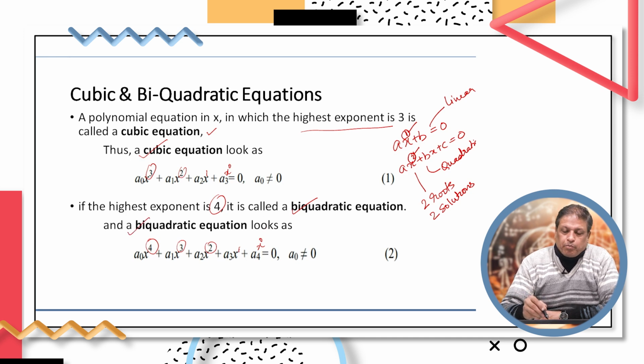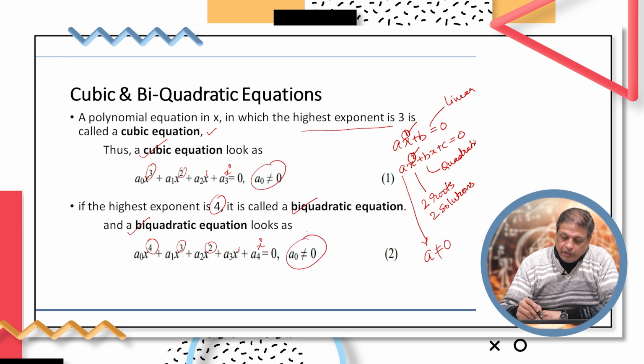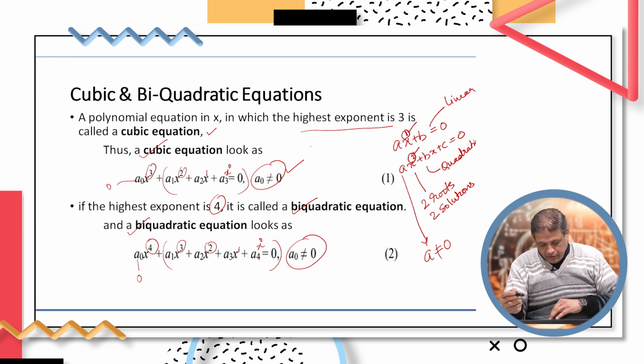And the next important thing is, likewise in the quadratic equation we said that a should not be equal to 0, and over here a naught should not be equal to 0, because if this turns out to be 0 then it will turn out to be a quadratic equation. So, the conditions are that the coefficient of x cube should not be 0 in a cubic equation, and the coefficient of x to the power 4 should not be 0 in a biquadratic equation.